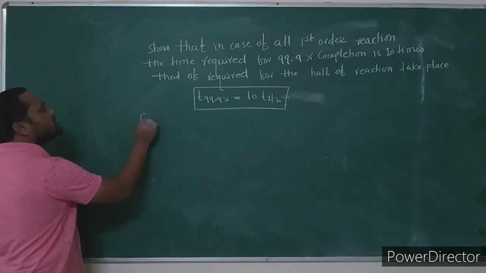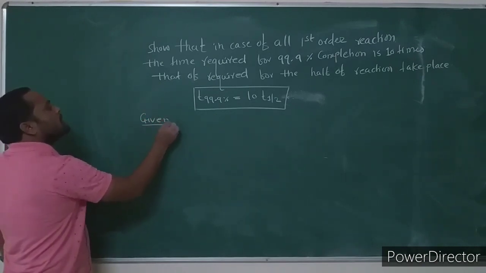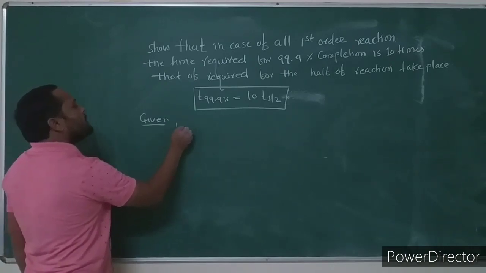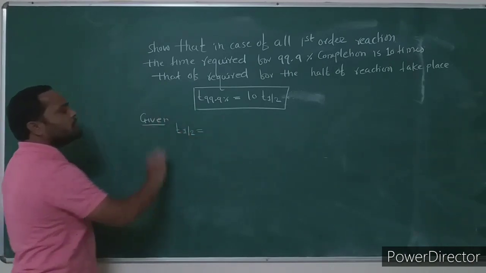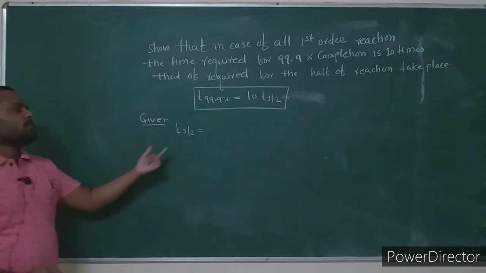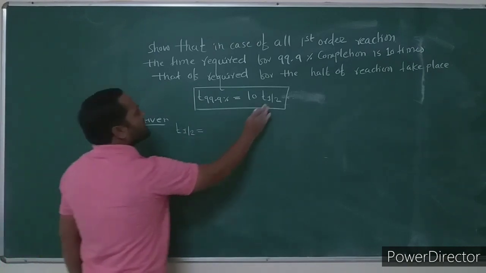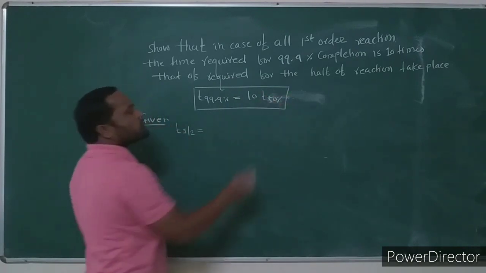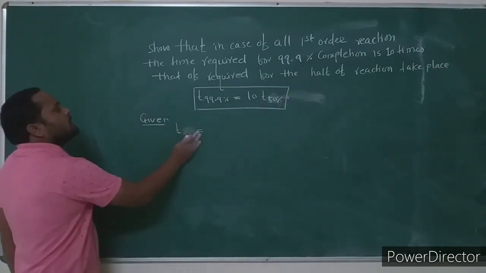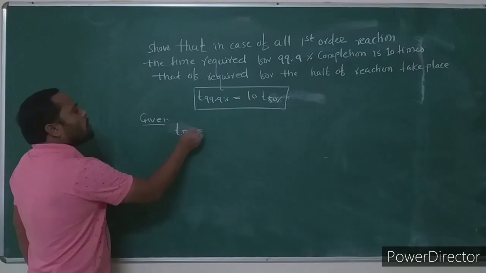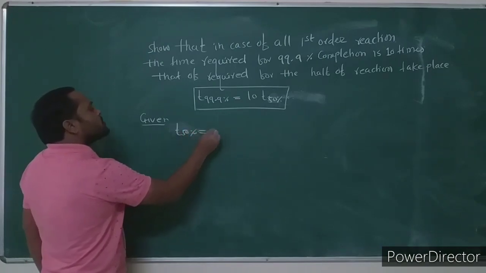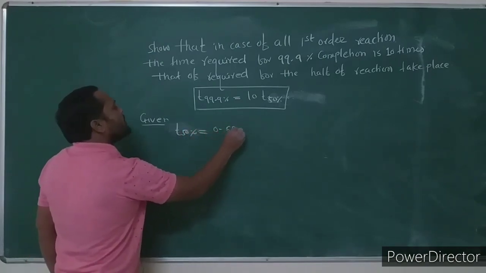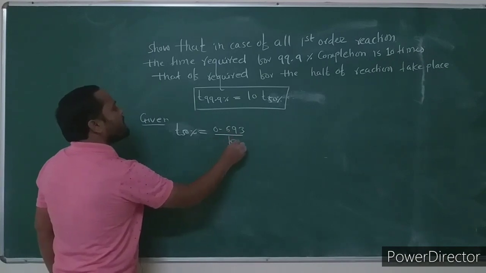What is the value of the half-life period? The half-life period is the time required for 50% completion of reaction. Half of the reaction means 50%, and we can also represent it by T half. For a first order reaction, the time required for 50% completion is 0.693 divided by K1.